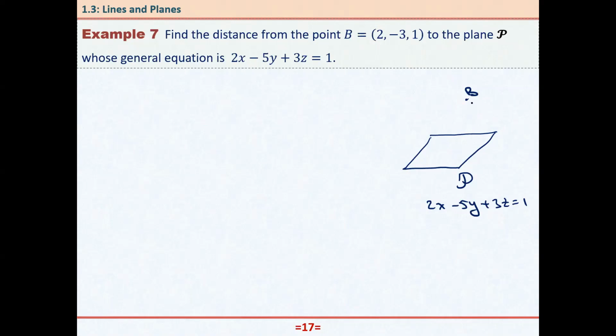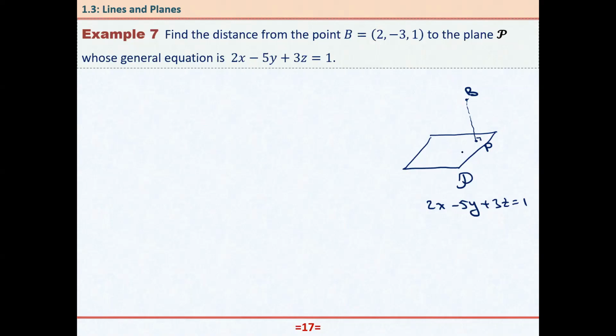Okay, the question is the shortest distance, right? We are talking about this distance. Let's say it is P, and this point is P. So it makes 90 degrees with the plane. Okay, what is this thing?